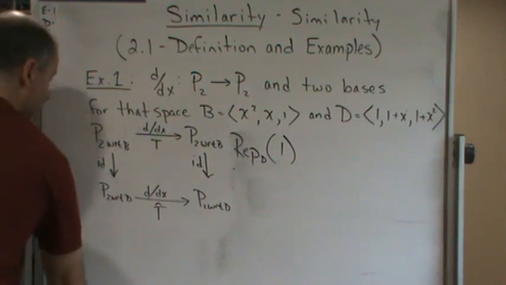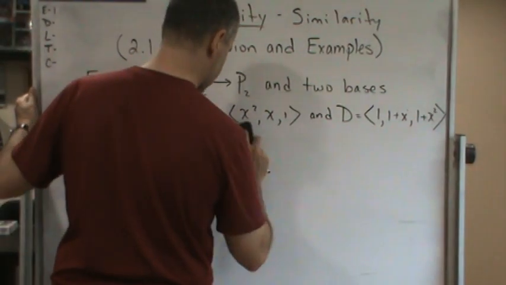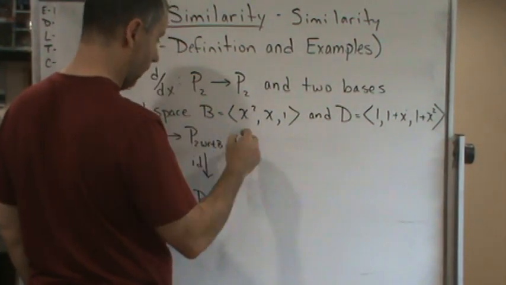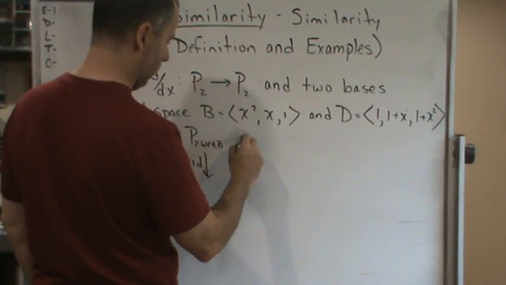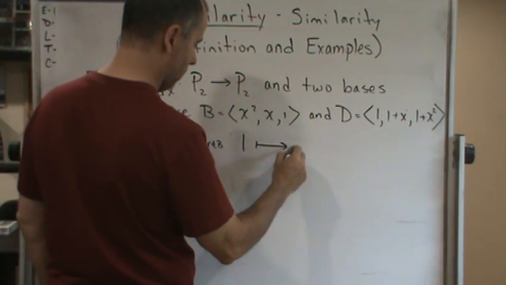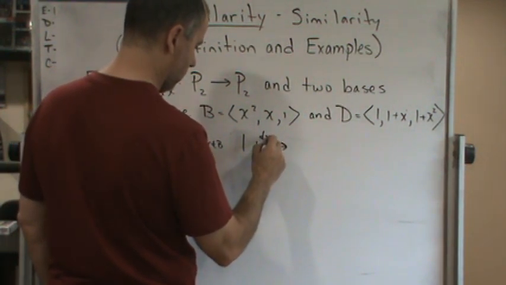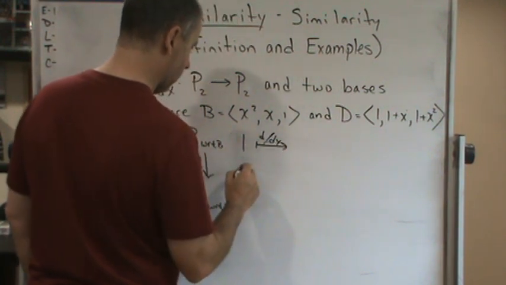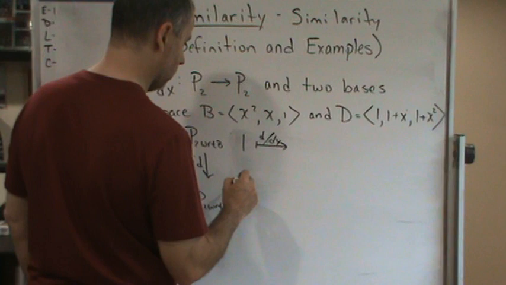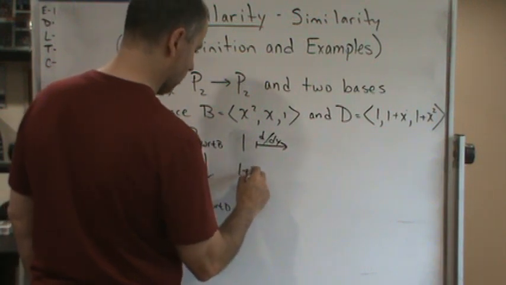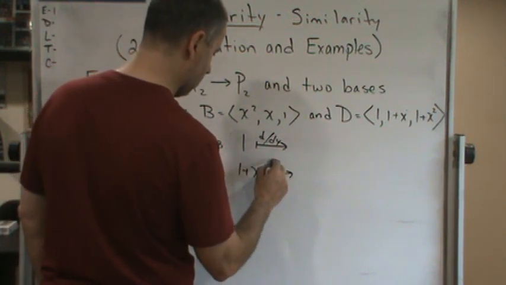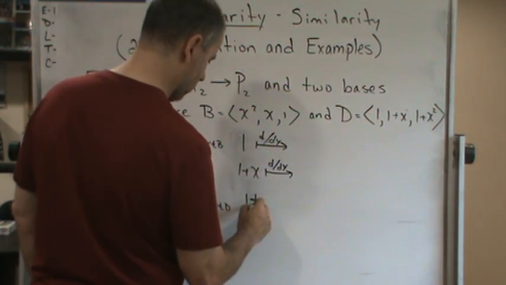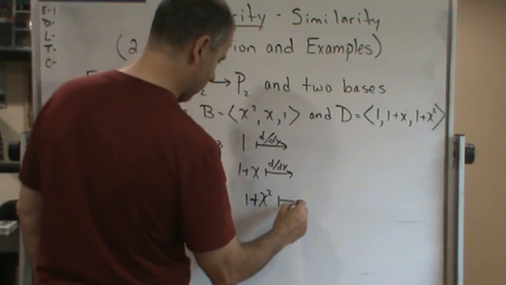Oh, actually, I'm getting ahead of myself. Let's do the same thing we did before. Let's do the mapping first. So it'd be 1, and then we have 1 plus x, and then we have 1 plus x squared.